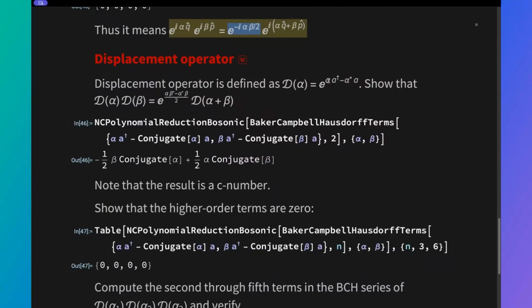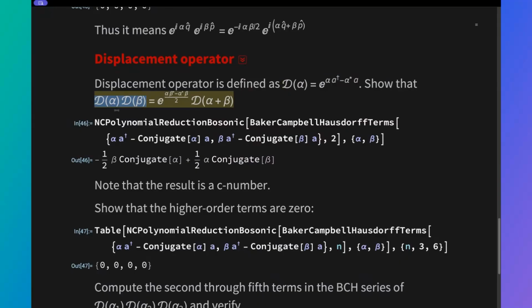There's a famous operator in quantum optics called the displacement operator. It's basically when you have a coherent state, you can move it in your phase space. Anyhow, it has a term like this, and then you want to see the result of the action of those two operators.